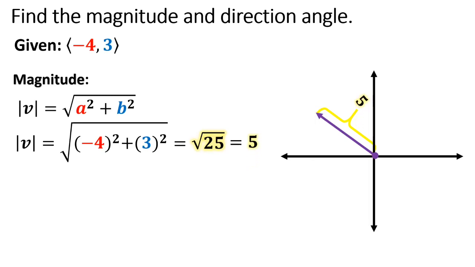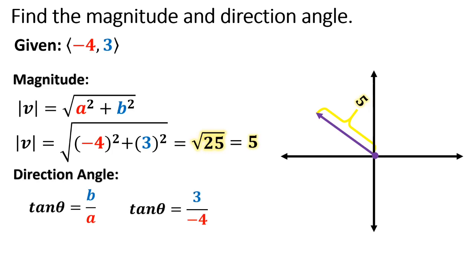Now I want to find the direction angle. Here's my formula, and I substituted my values. To get theta alone, I take the inverse tangent of both sides. If you remember, answers to inverse trig functions, if we use my silly trick, inverse trig functions are OEO or SAM-IAM functions.